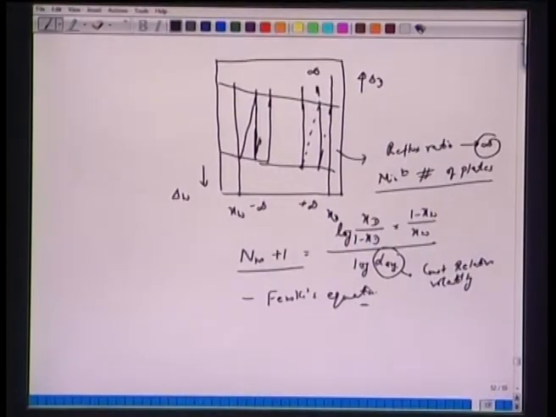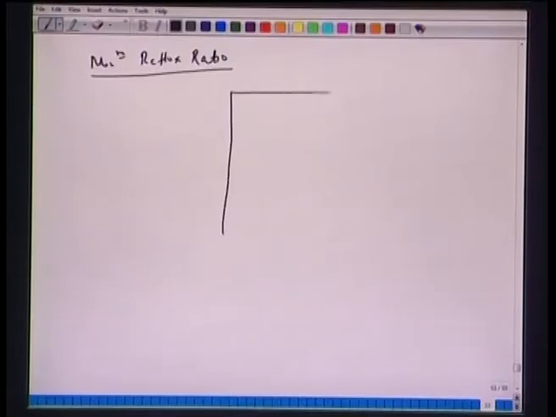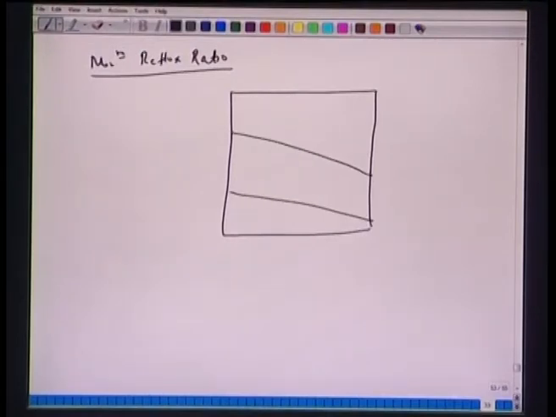Another extreme case would be when we have the minimum reflux ratio. So, when we have minimum reflux ratio, now let us redraw this HXY diagram again and follow the locus of this del D and del W points.